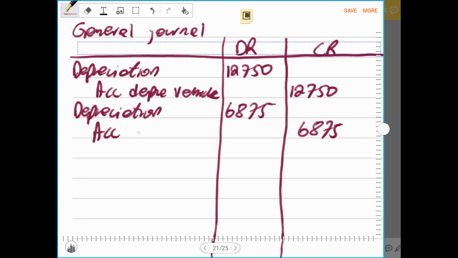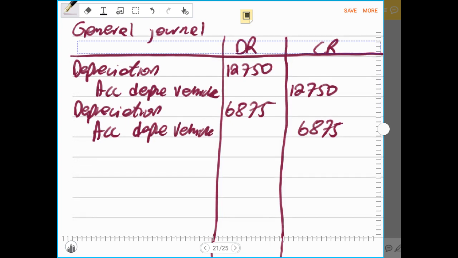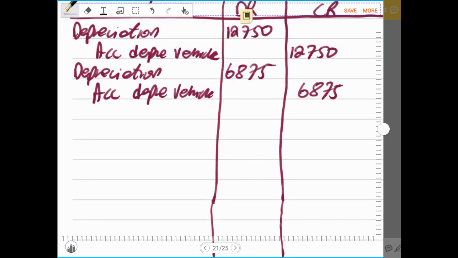Contra entry still becomes accumulated depreciation on vehicles. So now we have recorded depreciation for the new vehicle and for the old vehicle.